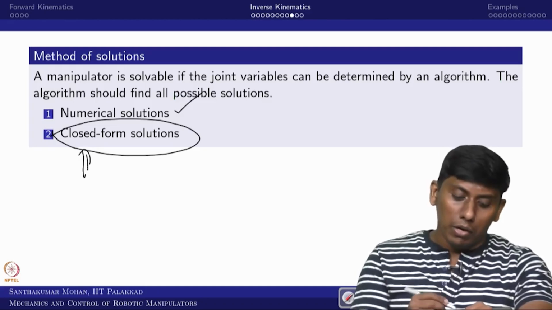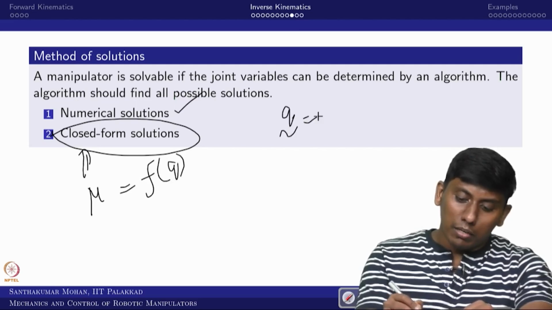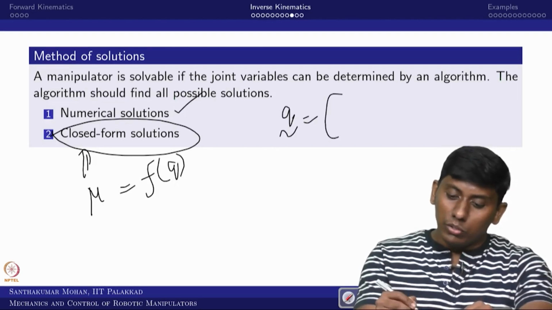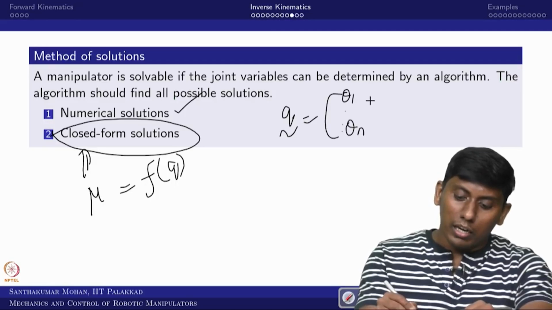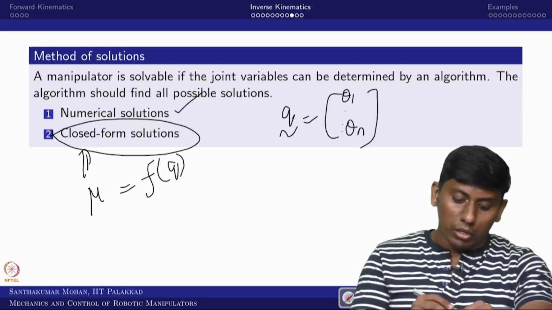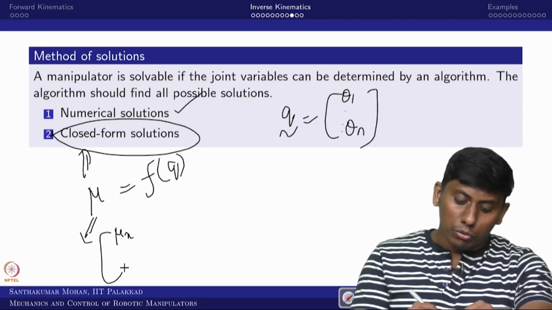Why is it called closed form? Your end effector equation would be found like this. So Q is a joint variable vector, theta 1 to theta n, and we assume that all are rotary joints. This mu is your x axis position up to the final alpha, beta, gamma.